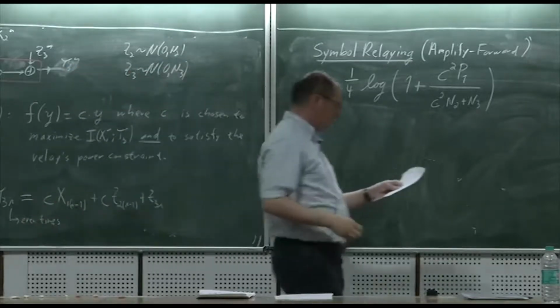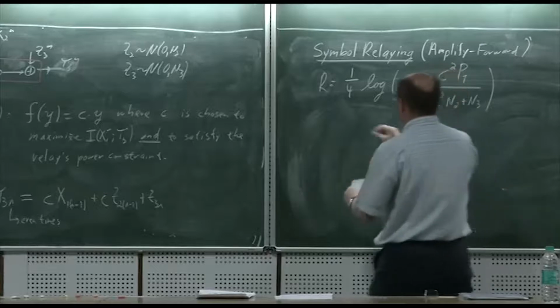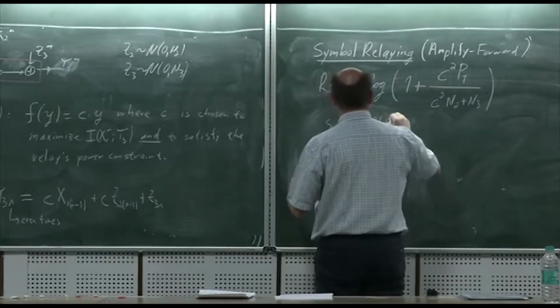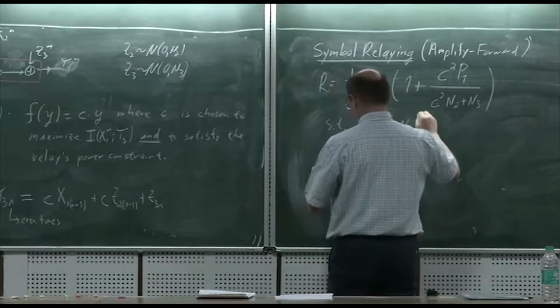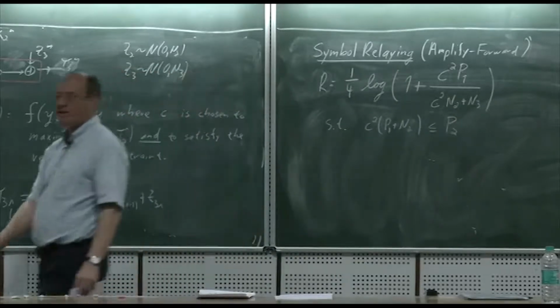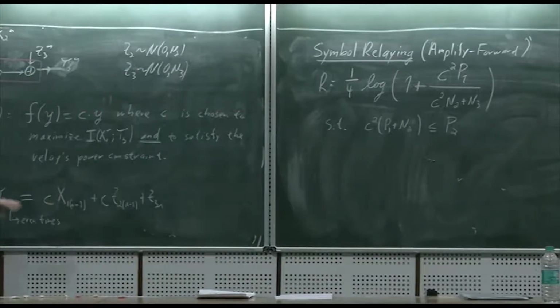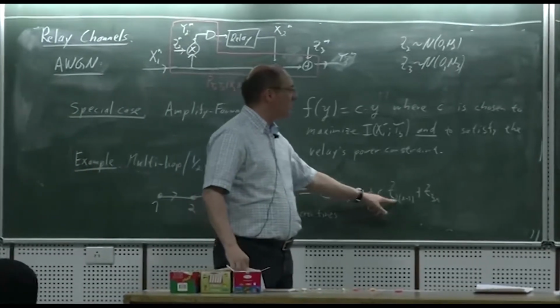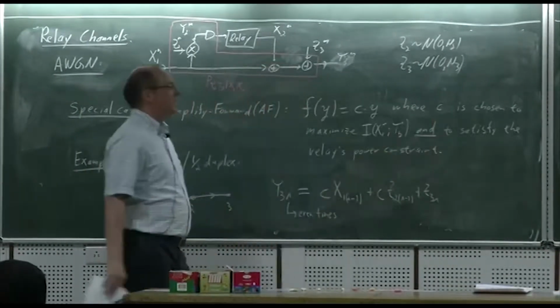We need to subject c to the constraint that c squared (P1 plus N2) is less than or equal to P2. That's the power constraint of the relay, because this power, c squared P1 plus c squared N2, better be less than P2.